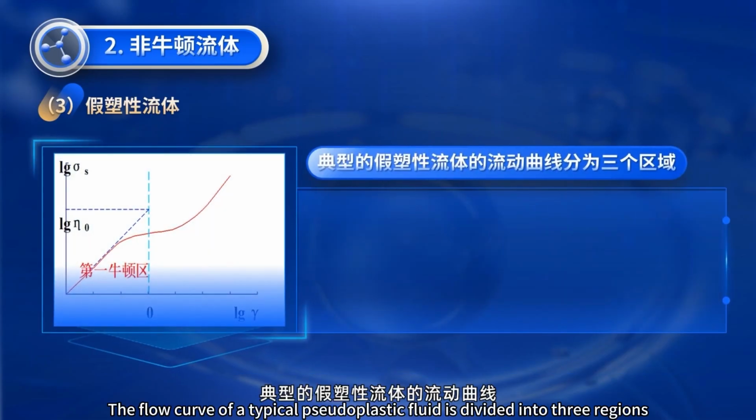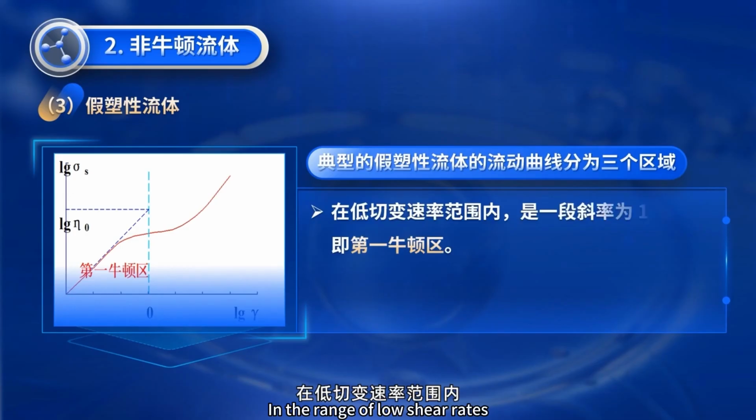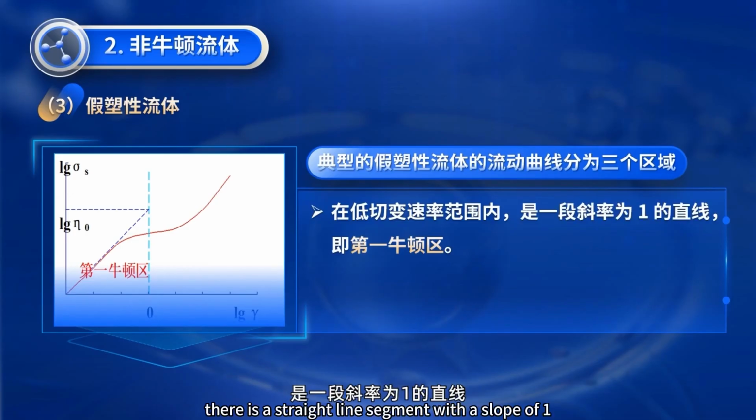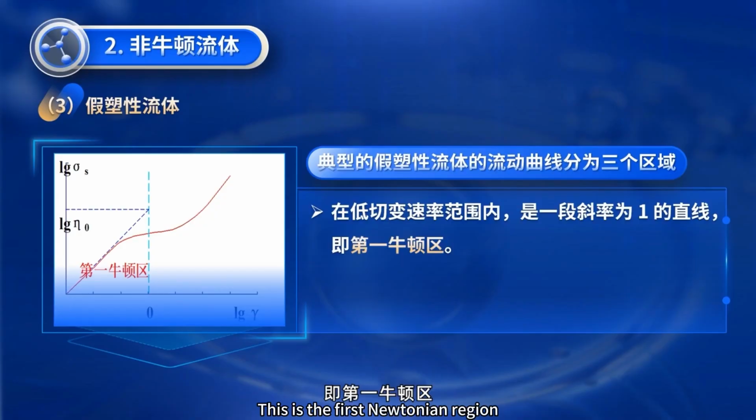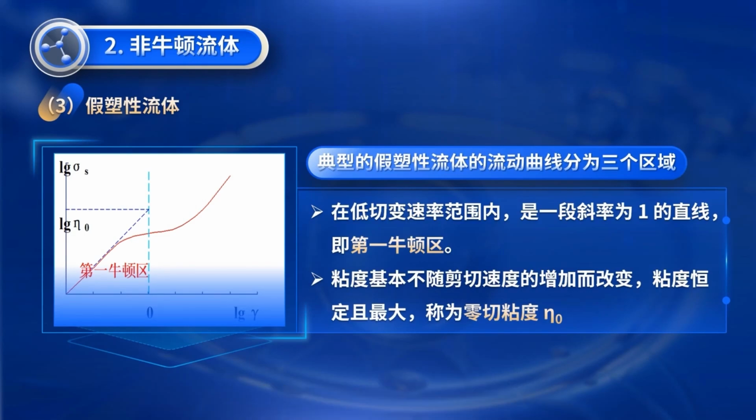The flow curve of a typical pseudoplastic fluid is divided into 3 regions. In the range of low shear rates, there is a straight line segment with a slope of 1. This is the first Newtonian region. The viscosity remains largely unchanged with increasing shear rate.